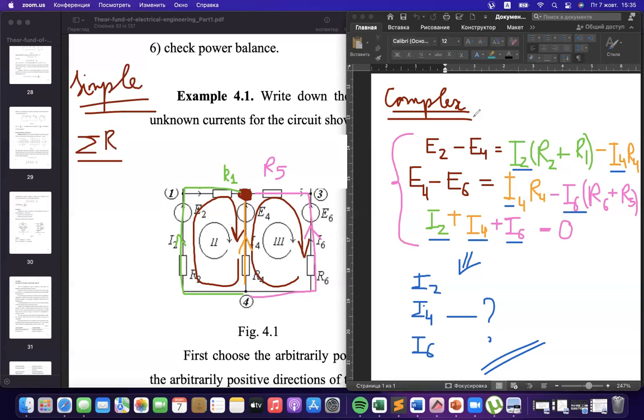But for a complex network, for a complex circle, you have to make a system, and from this system you will get currents. From a simple circle, you will get current from the total resistivity. That is the main difference.